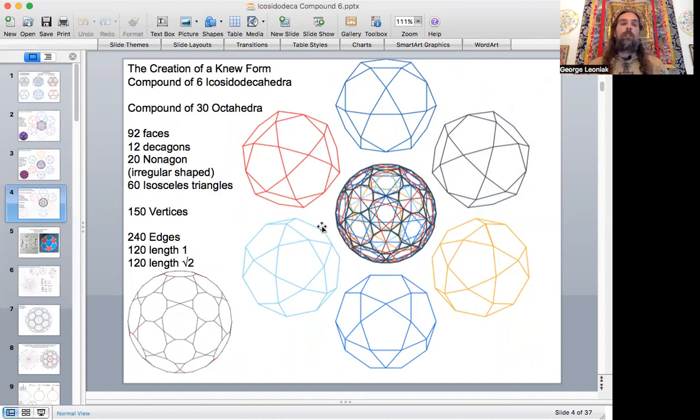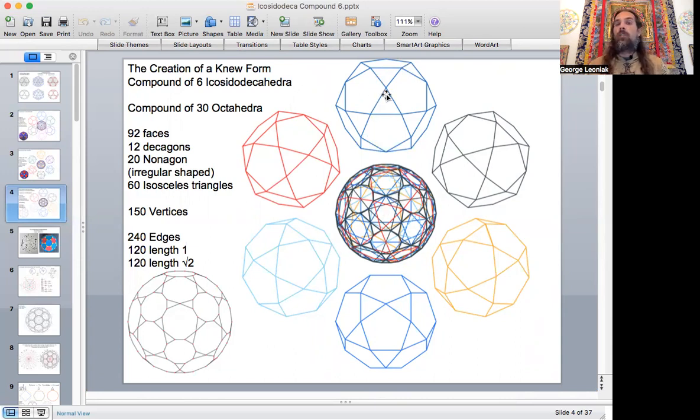We'll talk about those in a moment. And it has 150 vertices. Now, if you're doing the math, the icosidodecahedron has 30 vertices. So if we have 6 of them in there, you would say it must have 180 vertices, but it has 150 because this central one, the 6th one, is sharing the vertices of all the combination of the others.